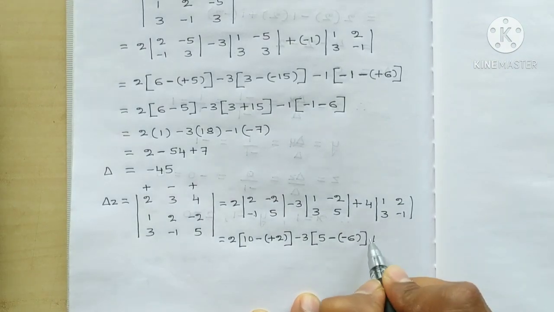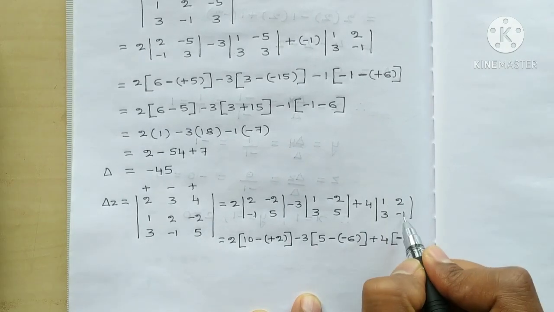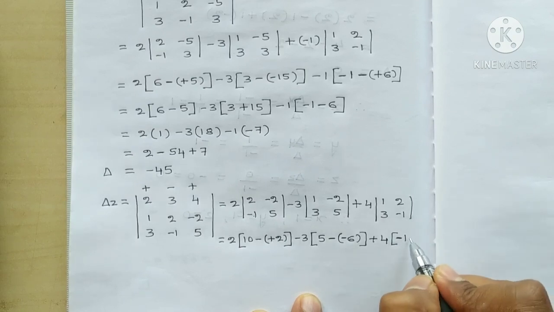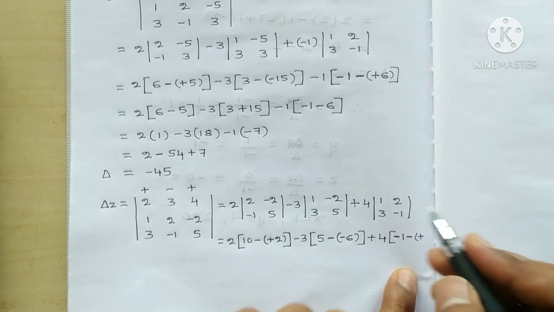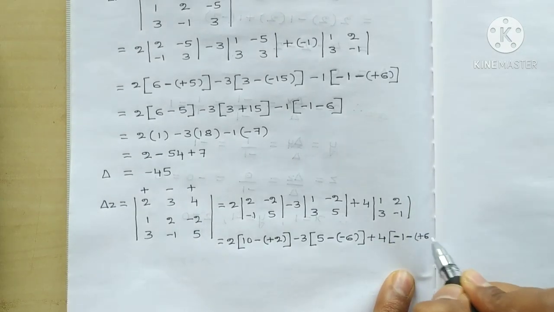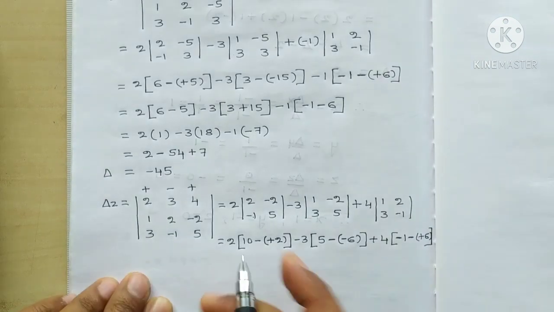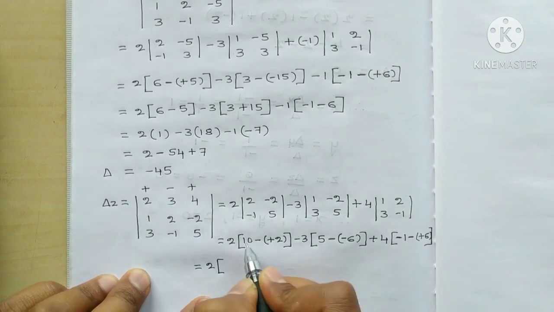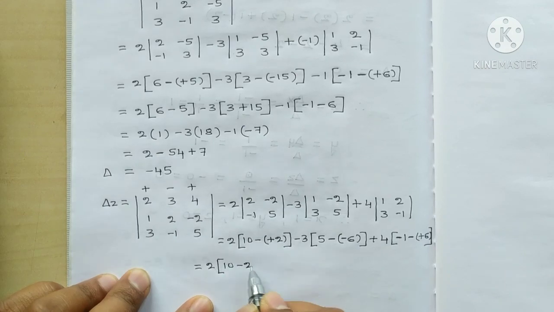Next, plus 4 into bracket, plus into minus is minus, 1 into 1 is 1, minus, plus into plus is plus. So next, 3 into 2 is how much here? 6. Close the bracket. So next, which is equals to 2 into bracket, 10 I am going to keep it as it is, minus into plus is minus 2.